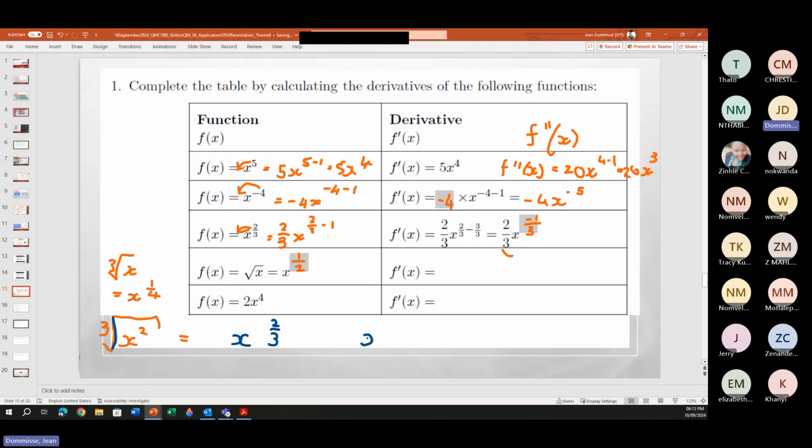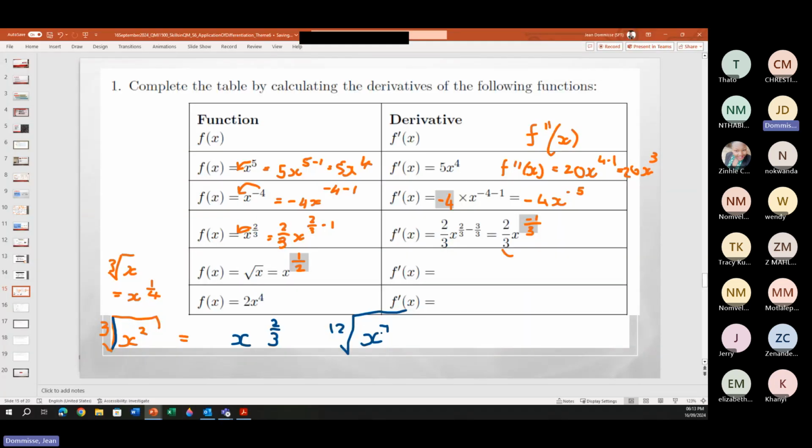So if we get something like x, and it might be things we have never seen before, something like x to the power of 7, but the root of 12, then that is equal to x to the power of 7 divided by 12.